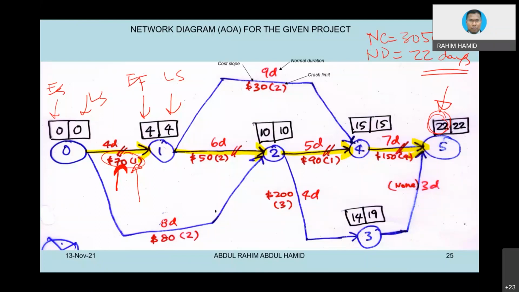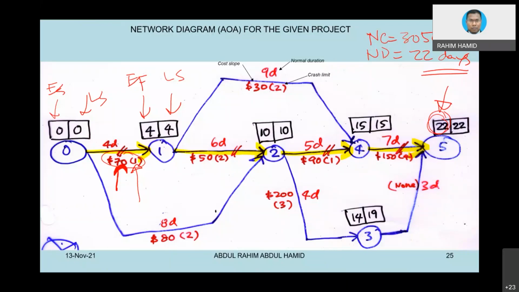So we have no choice but to look at the critical path. But on the critical path, there are activities 01, 12, 24, and 45. So the cheapest one would be activity 12. Okay, now is it possible to crash activity 12 only?